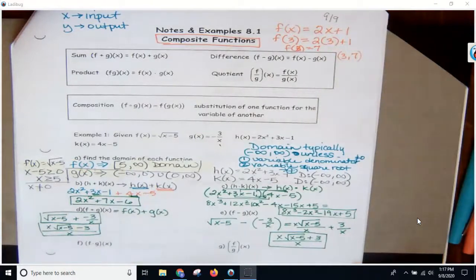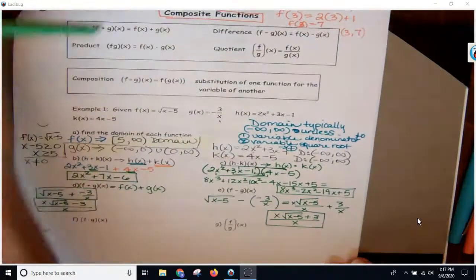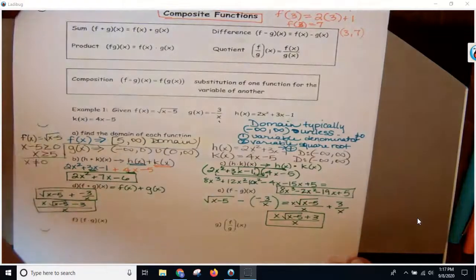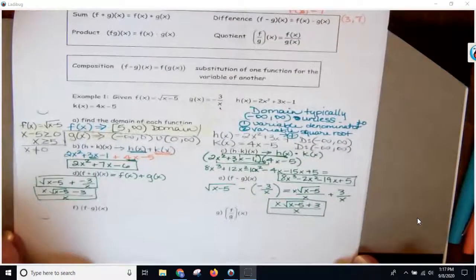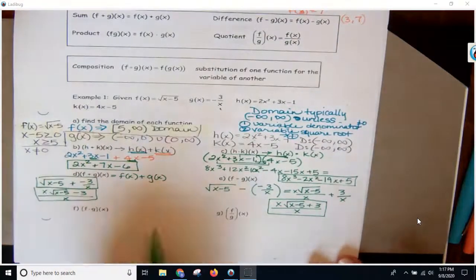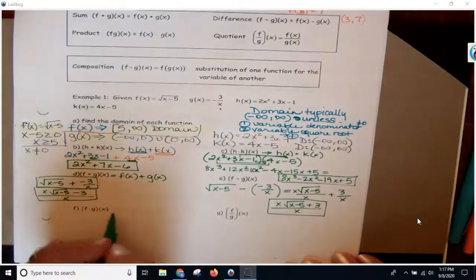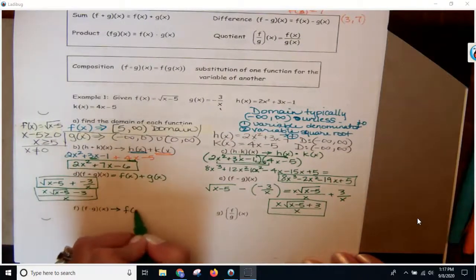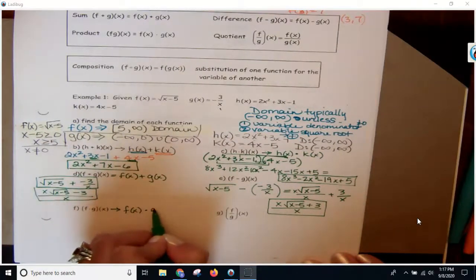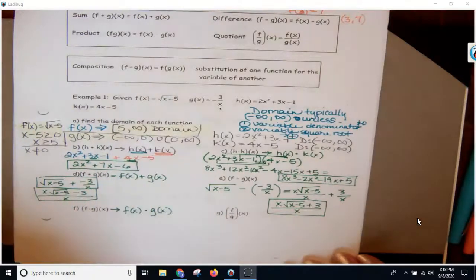Okay. You're just using the same math skills that you're familiar with. I know you don't like fractions, but you use the same math skills as you know, and you just go through the motions. All right, f times g of x is the same as f of x times g of x.